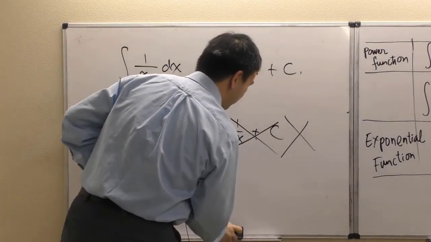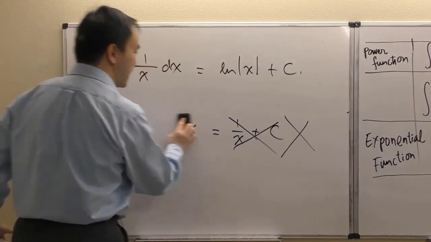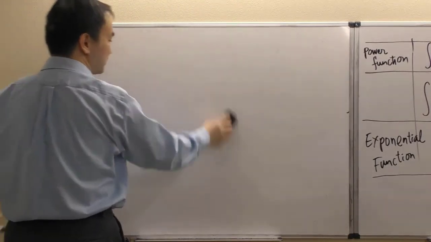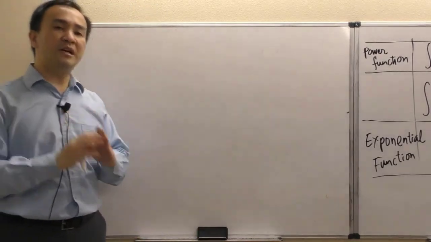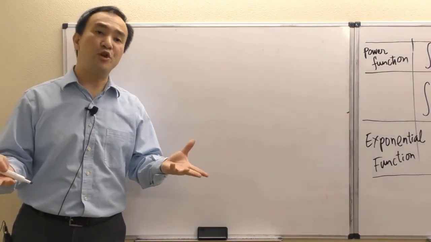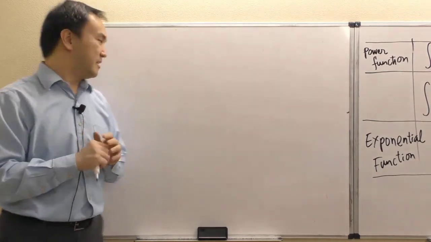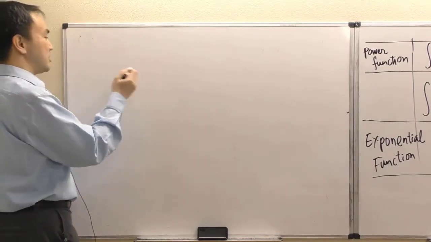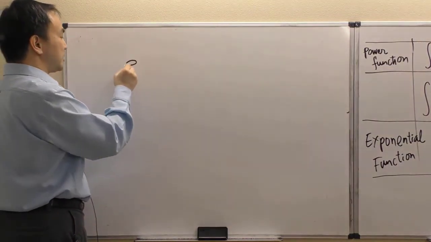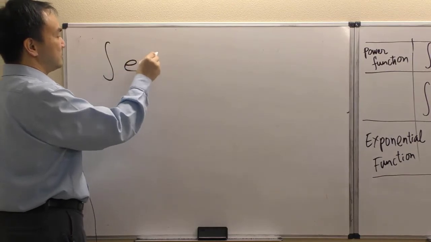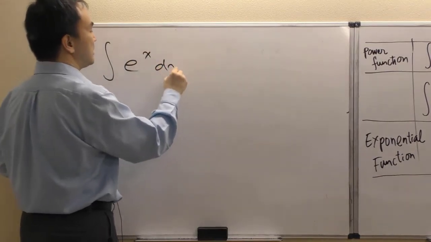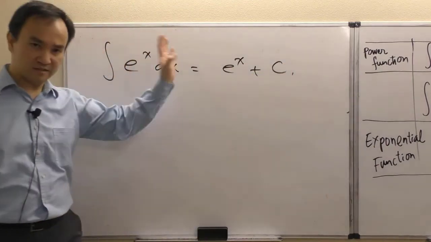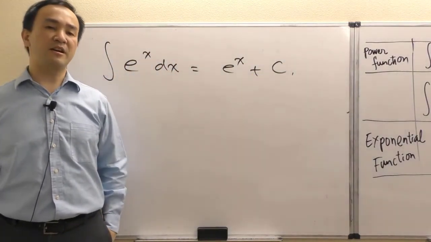I would like to point this out as a special exponential function antiderivative, but you will learn how that became true in the later part of our learning. For now, we're just going to take that as a little special rule as well. So anytime you are taking the antiderivative of e to the x, needless to say, the answer is e to the x plus c. That's easy. I wrote it on the chart on the other board.